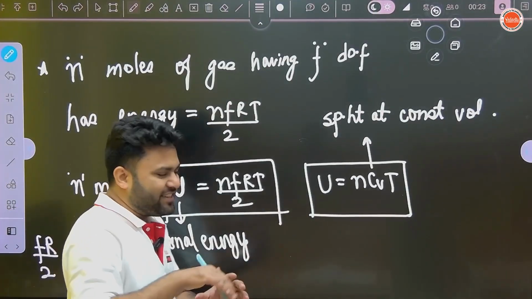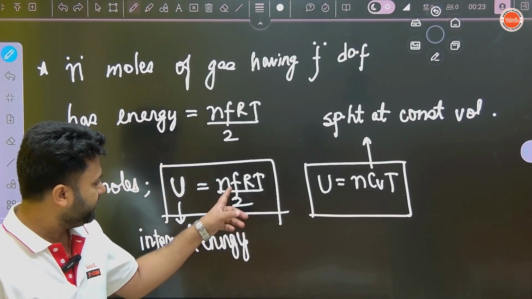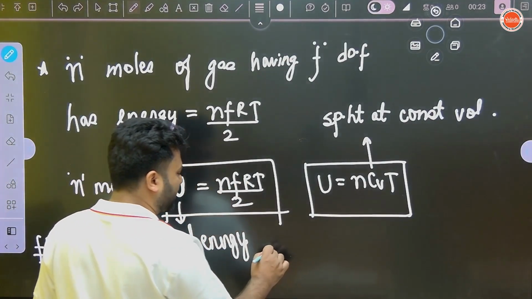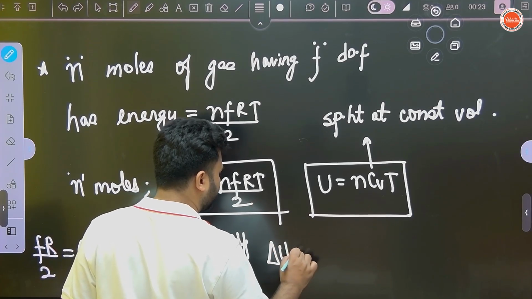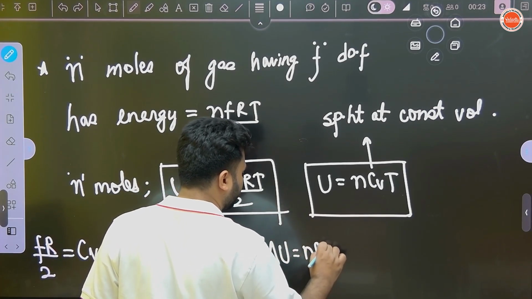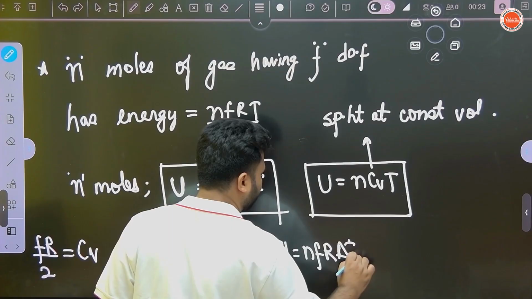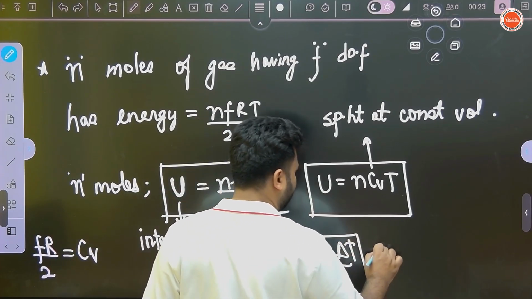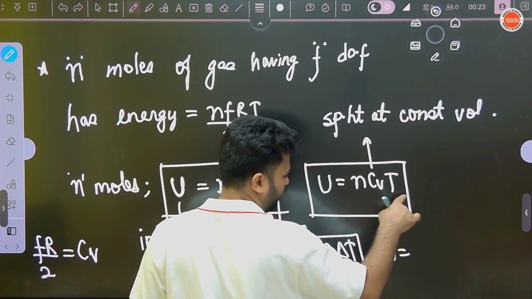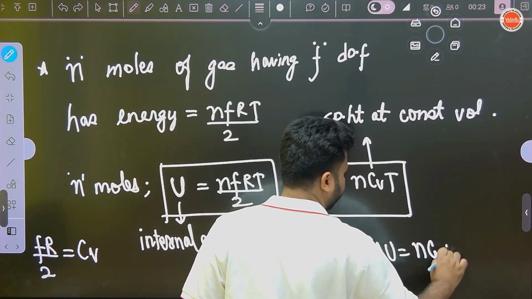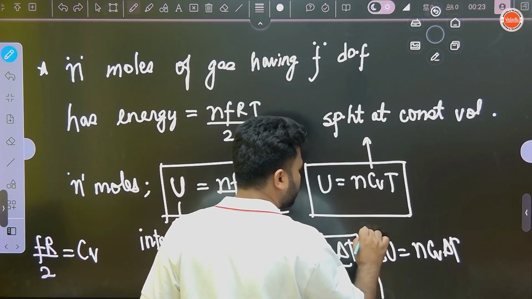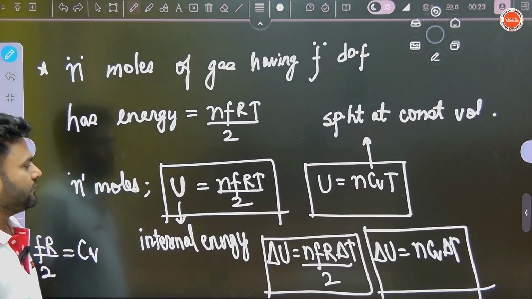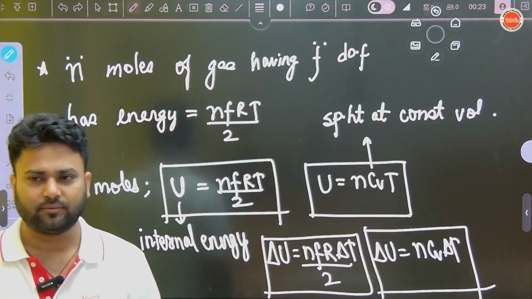If we change the temperature, the U value will also change. So if they ask what is the change in internal energy when we change the temperature, what will we write? n f R delta T by 2, or we can write n Cv delta T. Correct?